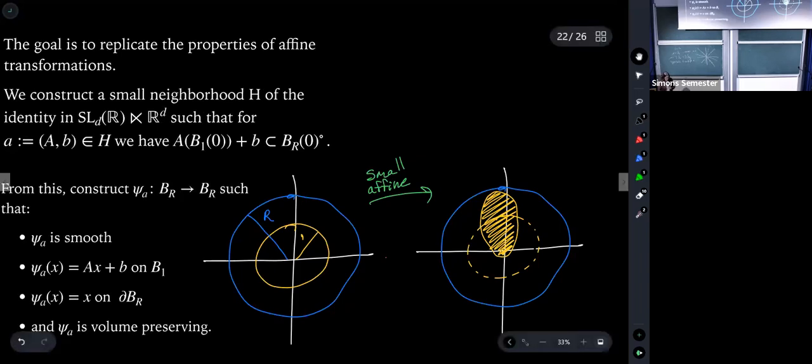So what we do is we construct maps that go from the ball of radius r to the ball of radius r, and we require that they're smooth, and we require that on the inner ball, they are exactly the affine transformation. So they're just Ax plus b, which gets us all the transitivity we could possibly need. On the boundary of the outer ball, they're the identity. So this says that they smoothly interpolate to the identity, and outside that, they'll do nothing.